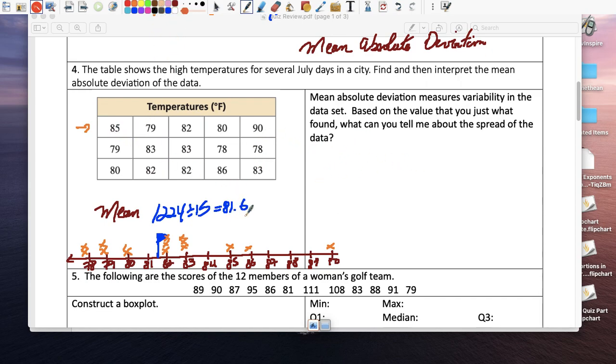So 85, so 81.6. Imagine you had to walk to 85. It would be 3.4. Plus, if you're at 79, what's the distance from 79 to 81.6?